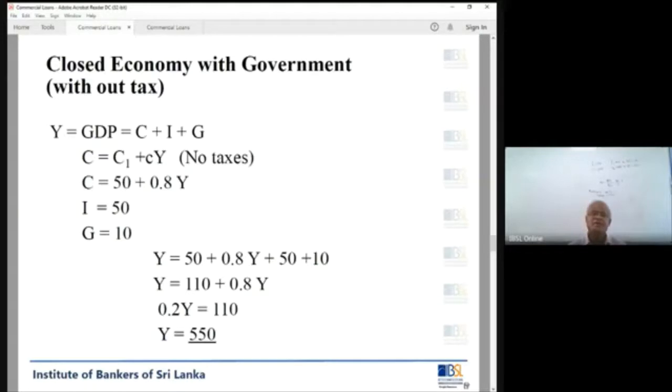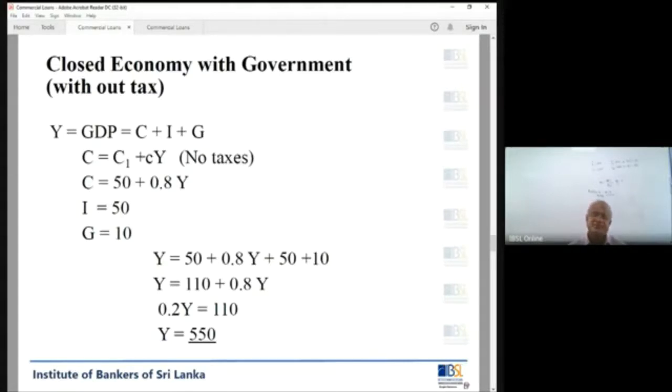Now, our idea is to calculate Y, GDP. 50 plus 0.8Y is the consumption function, I is 50, G is 10. 50 plus 50 is 100, plus 10 is 110, plus 0.8Y.